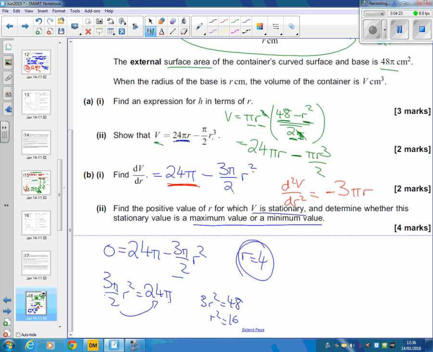The r value that we're looking at is 4. Drop that in, so we're getting minus 12 pi, aren't we? 3 times 4 makes the 12, minus 12 pi. Well, clearly that's negative. Because it's negative, therefore we have a maximum point. There's the other 2 marks.